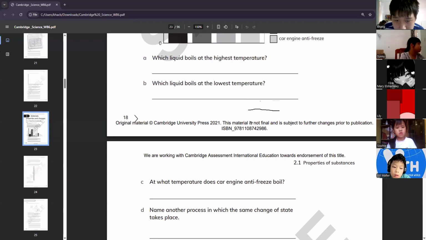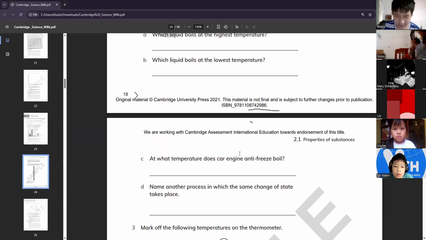Anyone? Can you ask the question again? Can anybody tell me another process in which the same change of state takes place? So another word for boiling, basically.